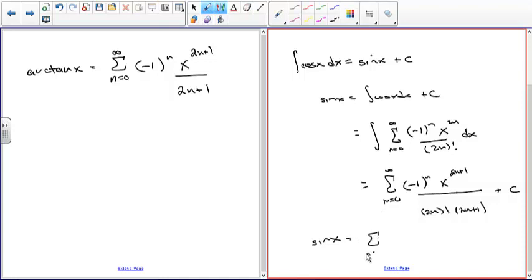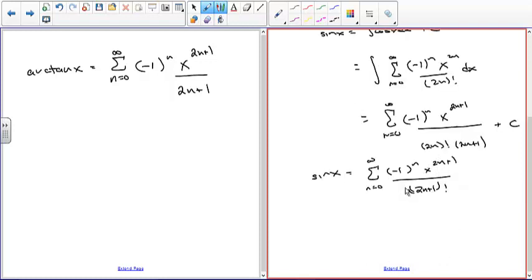Summation from n equals 0 to infinity of negative 1 to the n times x to the 2n plus 1, divided by 2n plus 1 factorial.